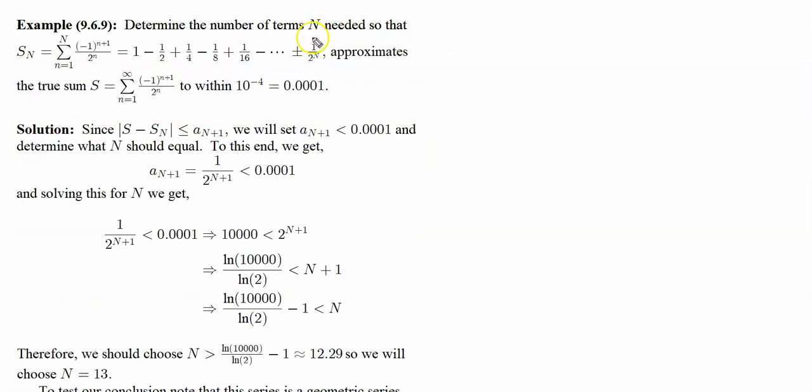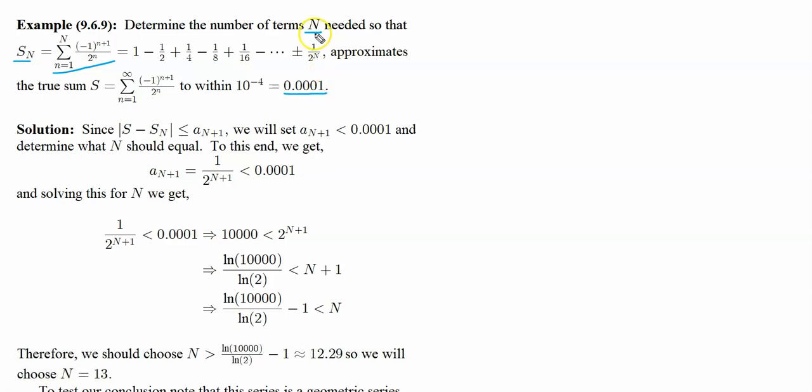In this example, we want to determine the number of terms, capital N, needed so that the Nth partial sum of this series, the sum from 1 to capital N of negative 1 to the n plus 1 over 2 to the nth power, approximates the true sum from 1 to infinity of that series to within 0.0001.